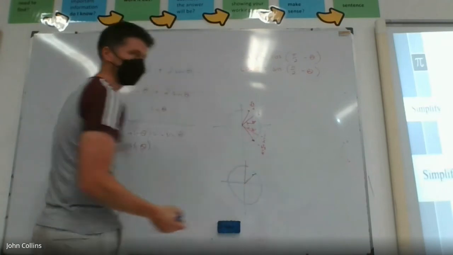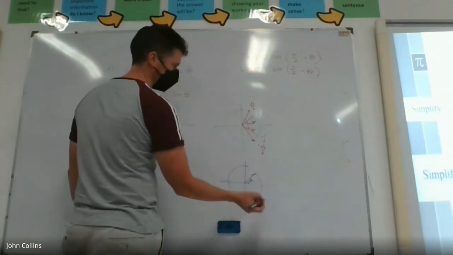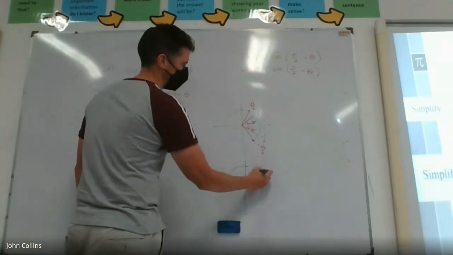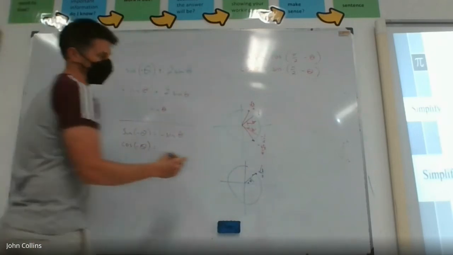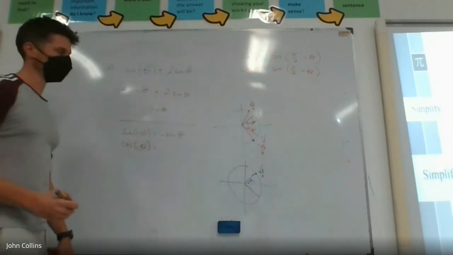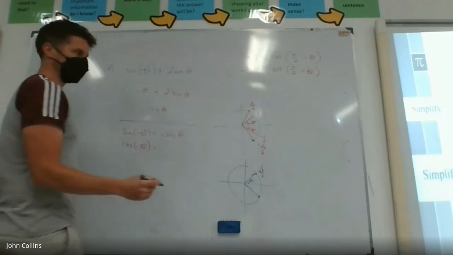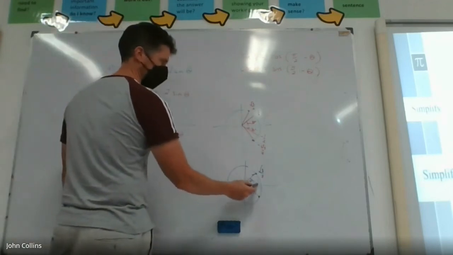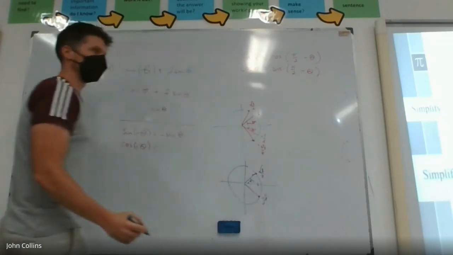Let's do pi over 6 again, or 30 degrees. That'll be root 3 over 2, of course. Minus would be here. Is that negative root 3 over 2 for cosine? No, because cosine is on the x-axis. So it's still that root 3 over 2 point.